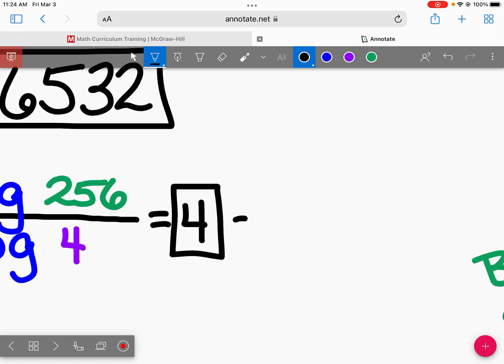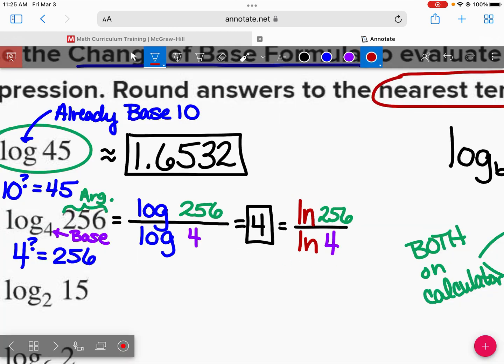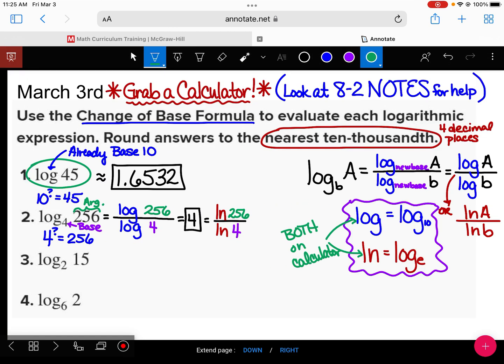Try this for me on your calculators. I want you to put in, not the common log, but use the ln button. ln of 256 divided by ln of 4. And tell me what you get. 4.